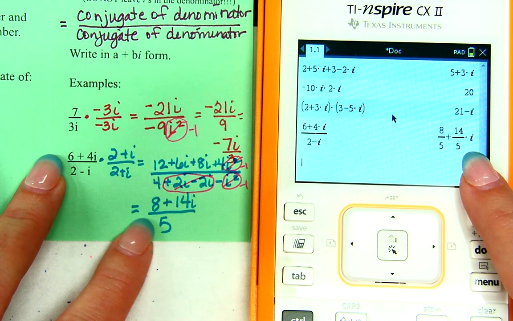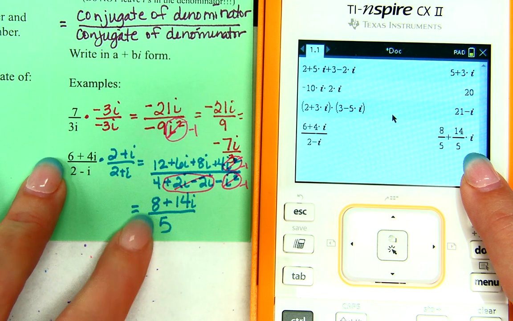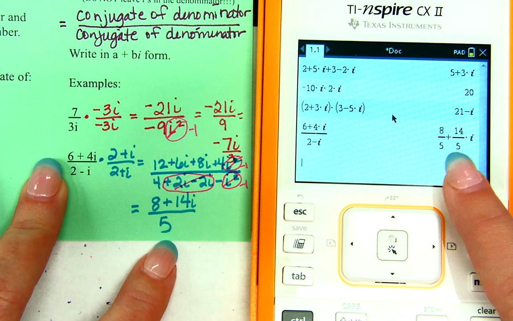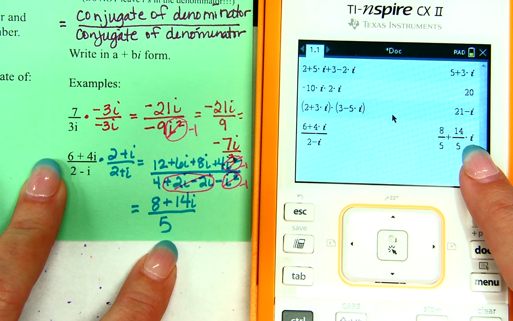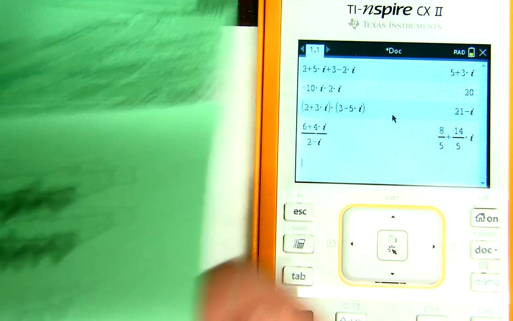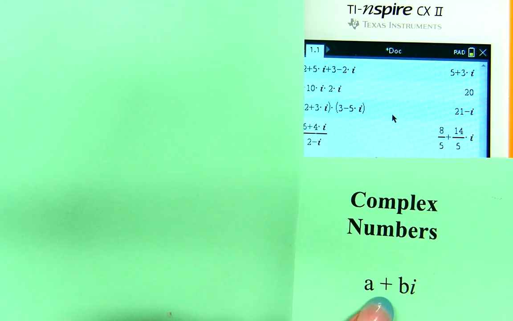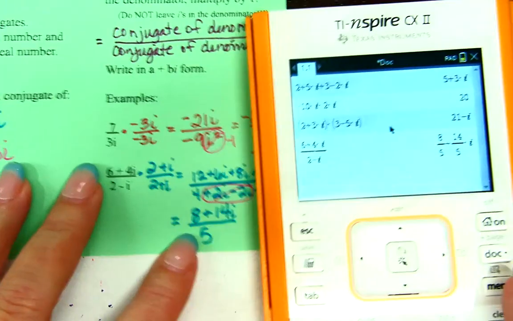Did I get the same thing? 8 plus 14i over 5. 8 over 5 plus 14 over 5i. It's not weird. This one is written in real plus imaginary form, right? This one we just simplified exactly as it was.